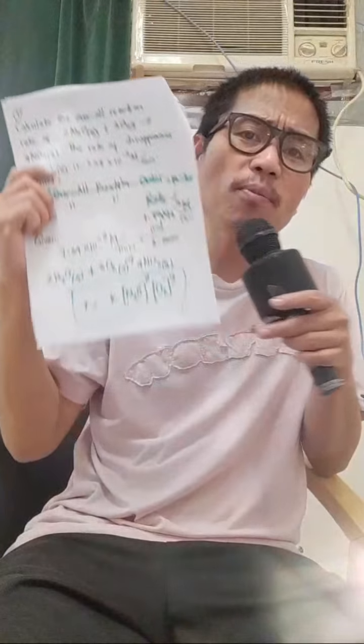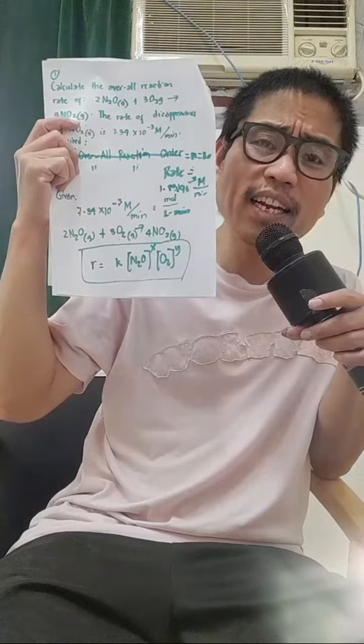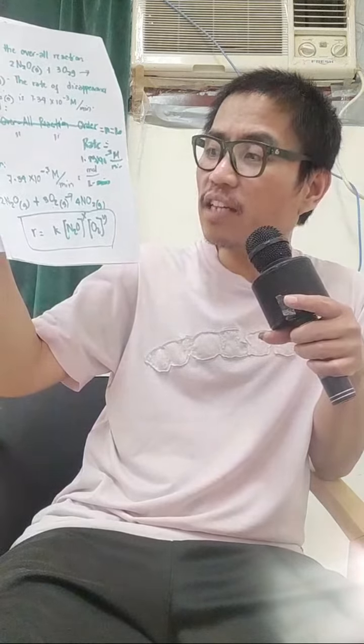For example, I have this equation: 2 moles of N2O gas plus 3 moles of oxygen gas gives 4 moles of NO2 gas. The rate of appearance and disappearance by the stoichiometric way, in a fractional relationship, will become negative 1/2 d[N2O]/dt. And for the oxygen gas, it will become negative 1/3 d[O2]/dt.